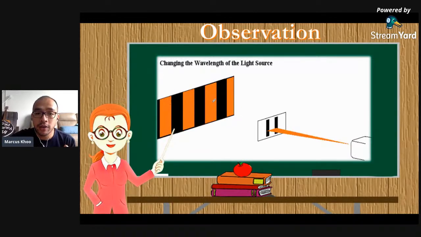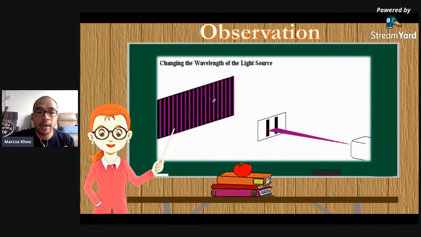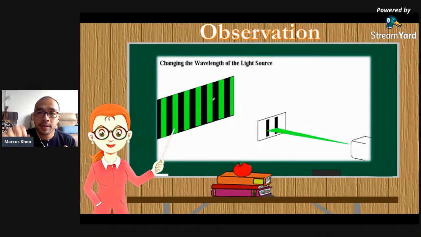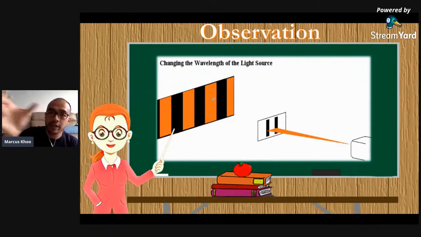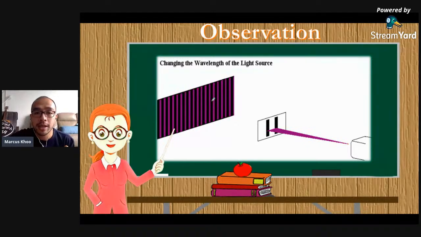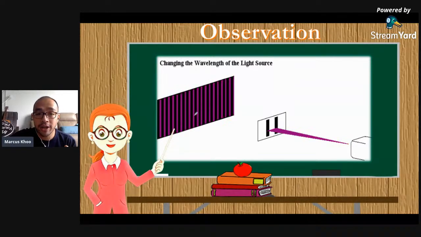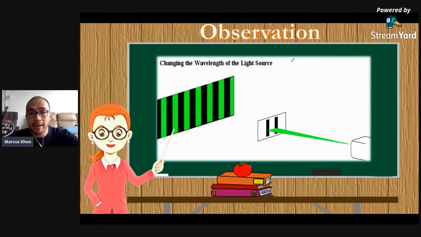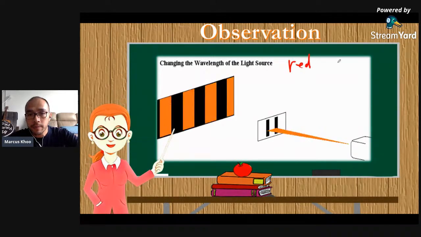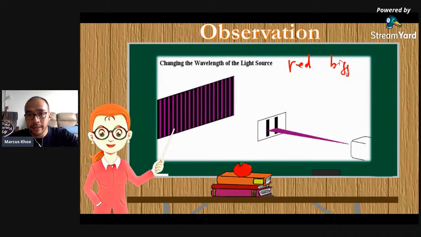Notice which color is the one where the constructive and destructive lines are much bigger. Which one is the biggest? Take a look. The biggest is the red color, so red has the biggest pattern.